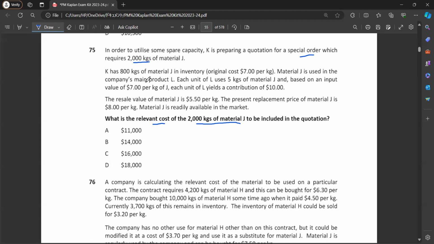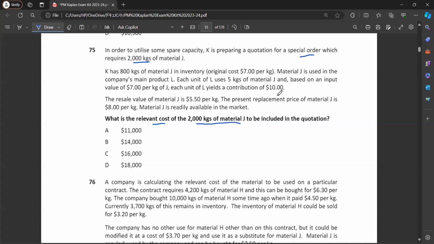Material J is used in the company's main product. So if it is used in the company's main product, then the question about whether it can be used for the special order would not arise here. The resale value of material J is 5.50.